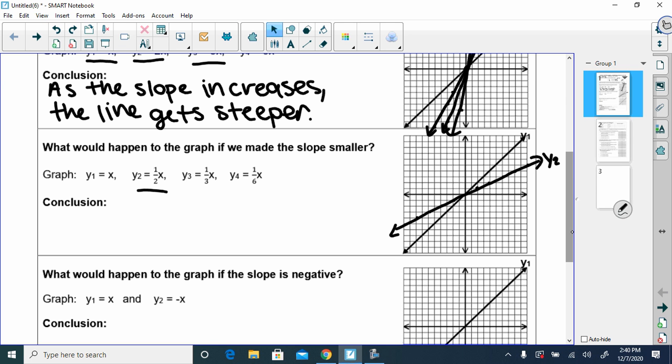All right, y3 has a slope of 1/3. So when I graph y3, I'm going up 1 and over 3. All right, and then the last one we have to graph is y4. Has a slope of 1/6. So I'll just go up 1 and over 6.